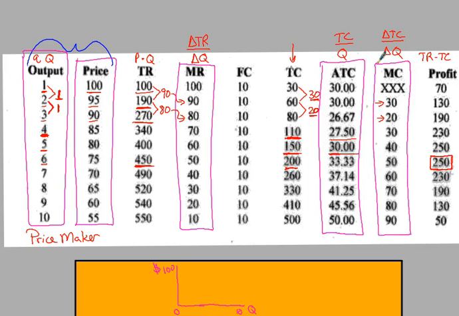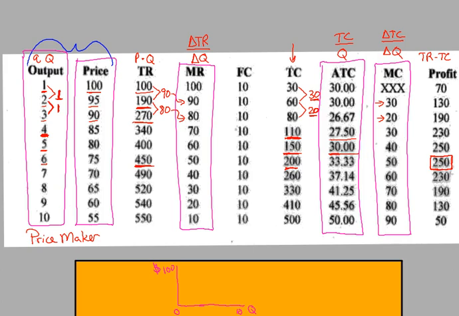We're going to have the price, which we'll see is essentially going to be the demand curve, the marginal revenue, the average total cost, and the marginal cost. Those will be the 4 items on the graph. So if you want to try to graph that yourself, you could pause me right now and go ahead and do it. And then start this video back up, and then I will show you what the graph looks like and talk a little bit about what it means.